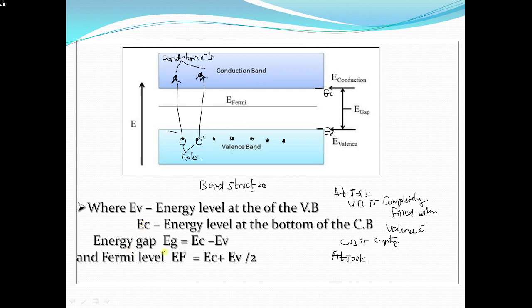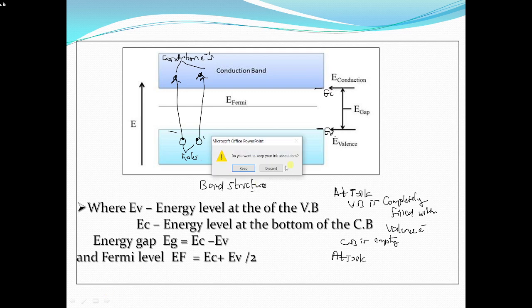Now how to calculate the energy gap? Eg is equal to Ec minus Ev. The Fermi level is in between the valency band and conduction band, so it is (Ec plus Ev) by 2. So this is about the band structure of intrinsic semiconductors.